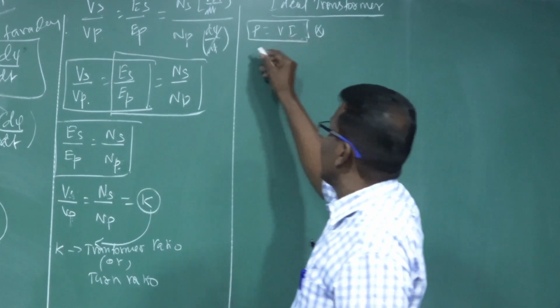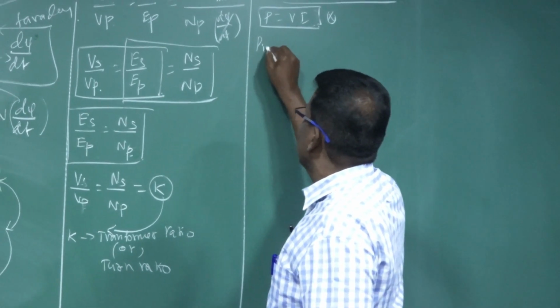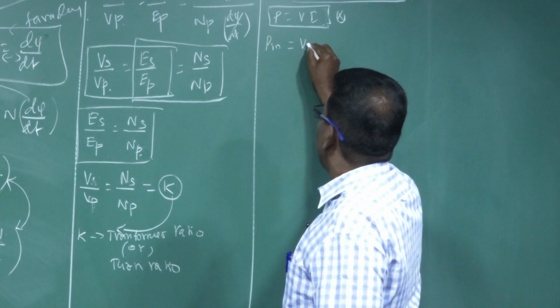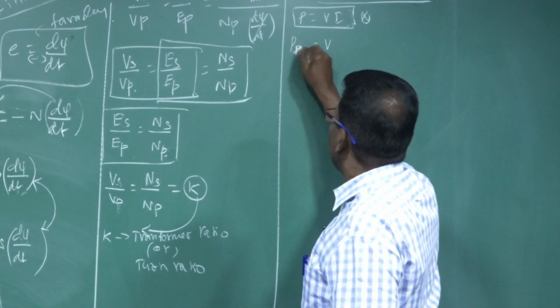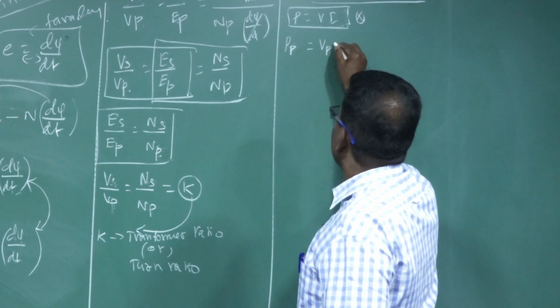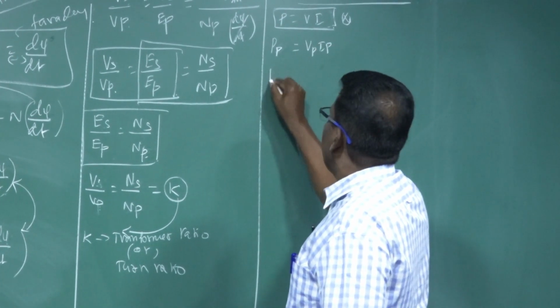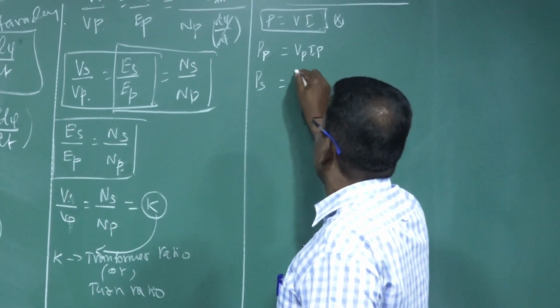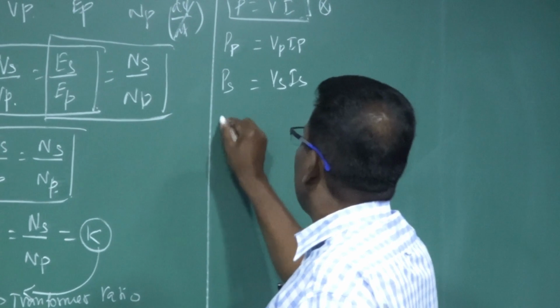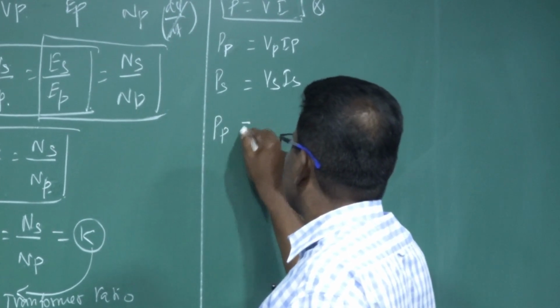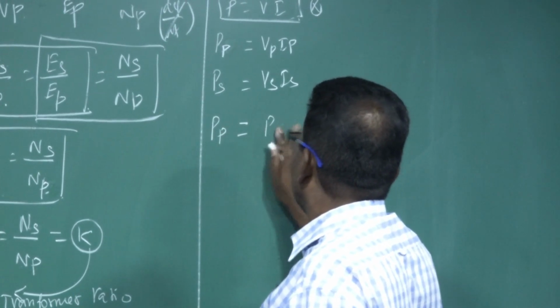So P is equal to VI. Primary power is Vp Ip, and secondary power is Vs Is. So primary power is equal to secondary power.